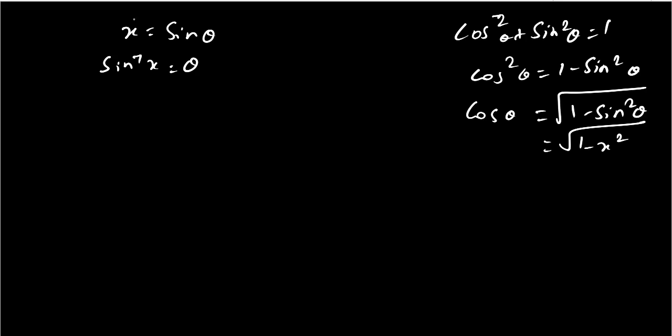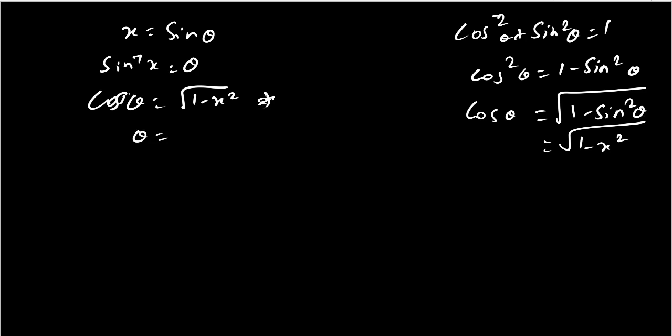So if we take sin inverse of x is equal to theta, and from this we can write cos theta equal to square root of 1 minus x square. So cos theta equal to square root of 1 minus x square.